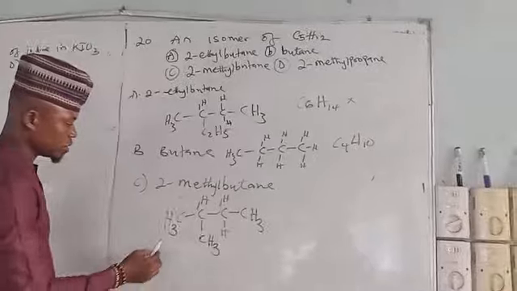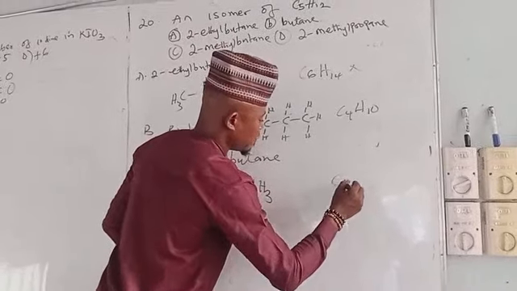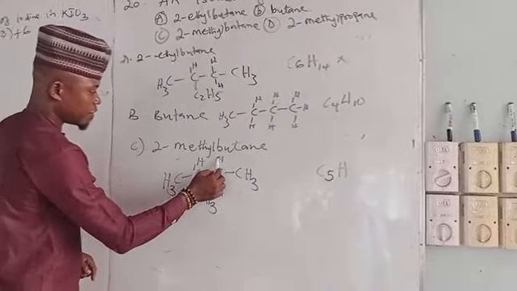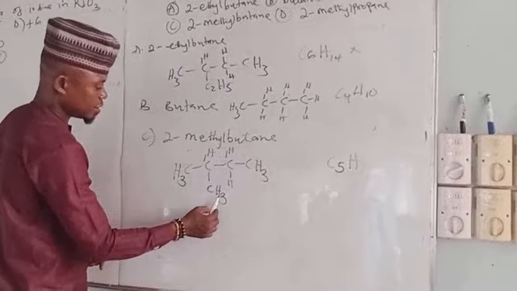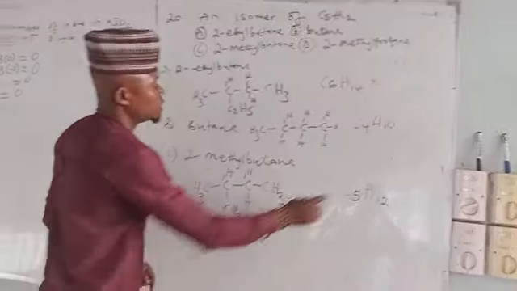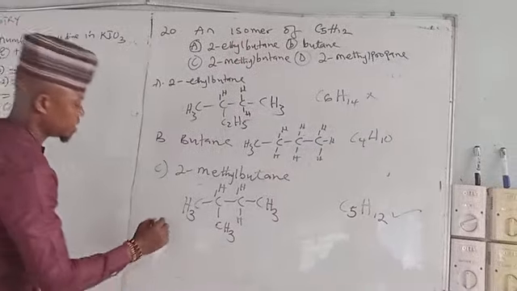Alright, let's count. 1, 2, 3, 4, 5. This is C5. Let's count the hydrogen atoms. 3, 4, 5, 8, 9, plus 3, 12. H12. So these two are the same.